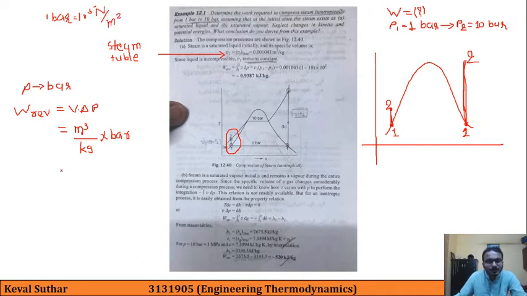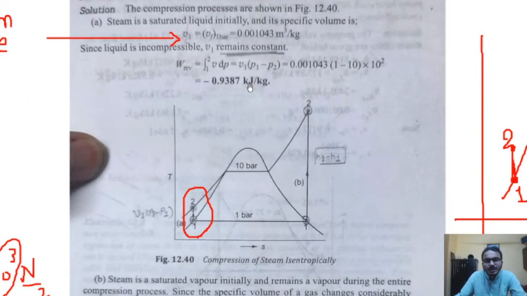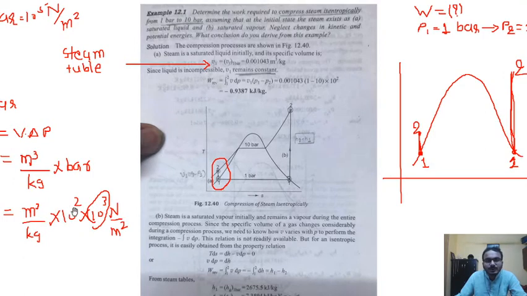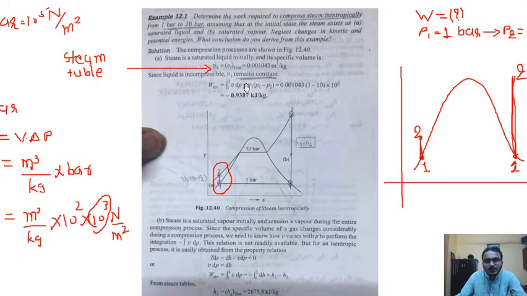So what we have done here is that the meter cube per kg unit is as it is. We have only taken 10 raised to 2 outside and this 10 raised to 3 Newton per meter square will be utilized to have it in kilo. That is, the answer is in kilojoule per kg. So we are only having multiplication of 10 raised to 2. This is the way we can obtain the value of W reversible for saturated liquid pumping.